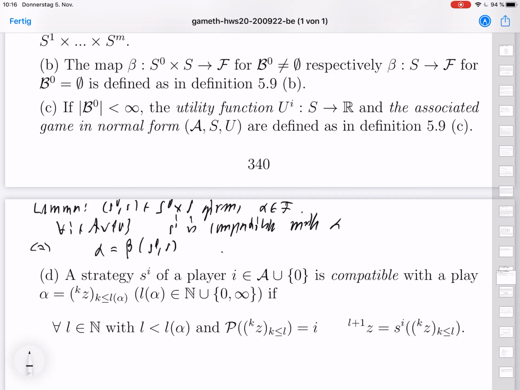It illustrates this meaning of compatibility. If all the strategies do their part to arrive at this final play alpha, then this final play alpha is really the result of the strategy combination.